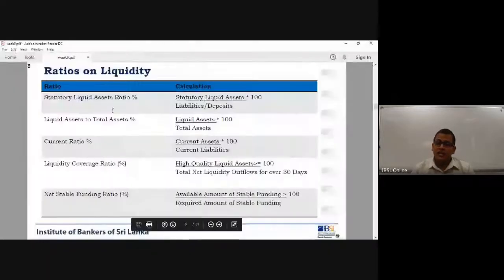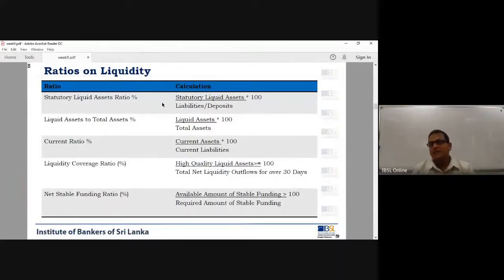So I think they don't have this. I'm not sure whether they have any liquidity requirement, but this statutory liquid asset ratio is applicable to licensed banks. It may be licensed commercial banks or licensed specialized banks.